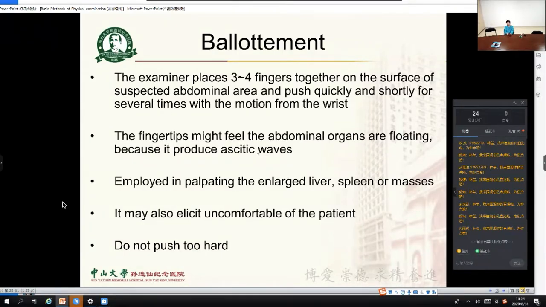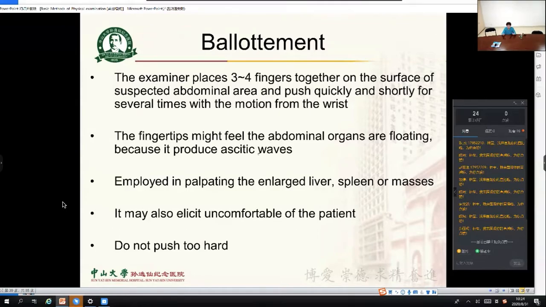Ballottement. The examiner places 3 to 4 fingers together on the surface of the suspected abdominal area and pushes quickly and shuffles several times, with the motion from the wrist, but not the elbow. The fingertips might feel the abdominal organs floating.